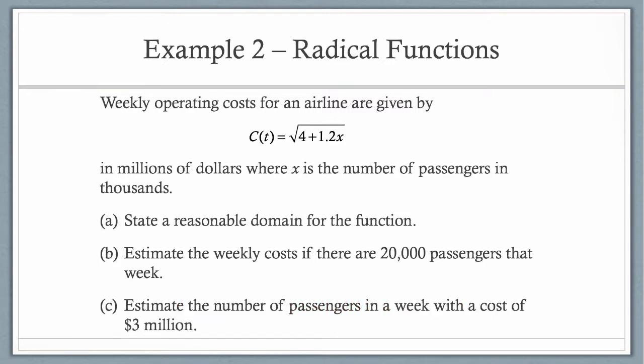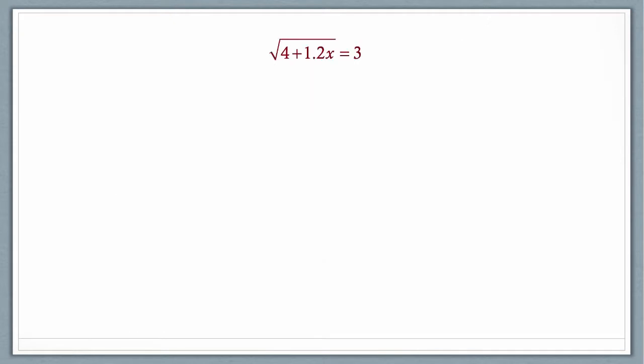Lastly, we're asked to estimate the number of passengers in a week with a cost of $3 million. I'm going to set my function equal to 3, since we already know that the output is in millions of dollars. We're going to solve this radical equation. Since it's a square root, we get rid of the square root by squaring both sides. That simplifies to 4 plus 1.2x is equal to 9. Now we just have a linear equation to solve.